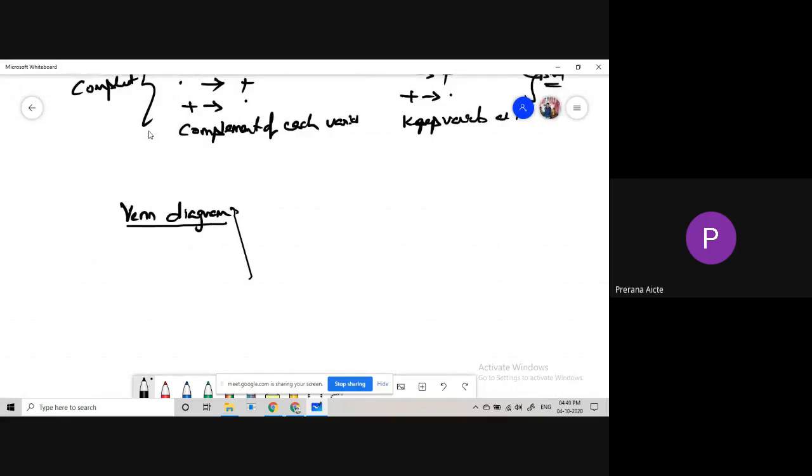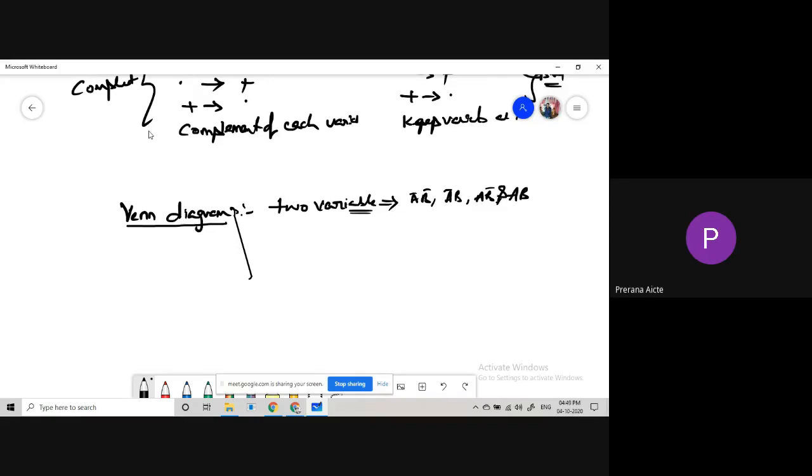If you are using two variables, how many possibilities are there? 4. Yes, they are A bar B bar, A bar B, A B bar, and A B, right? Yes, sir.